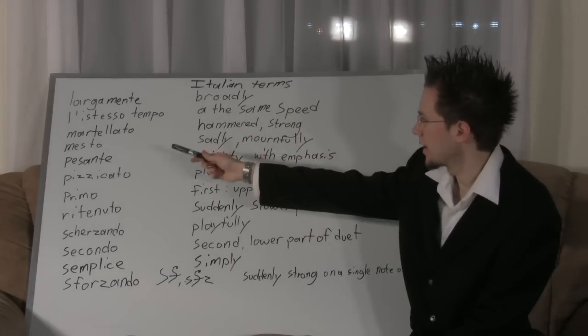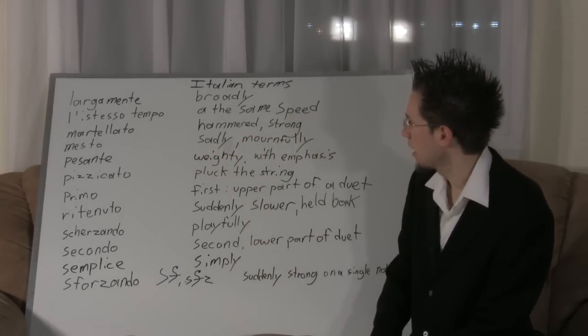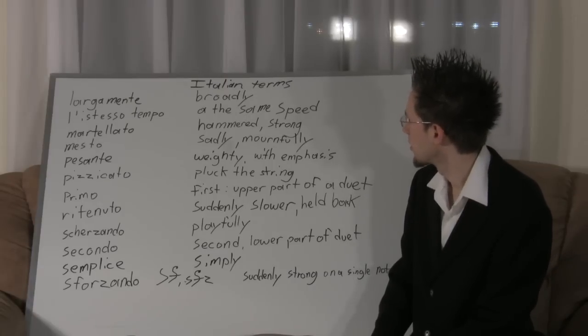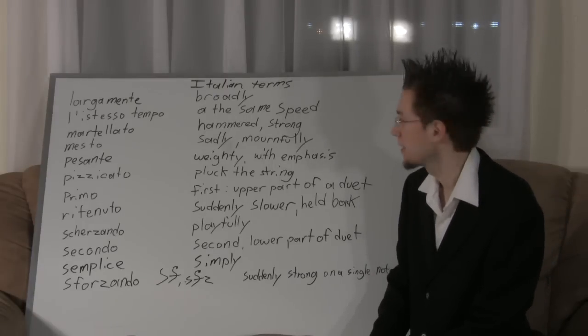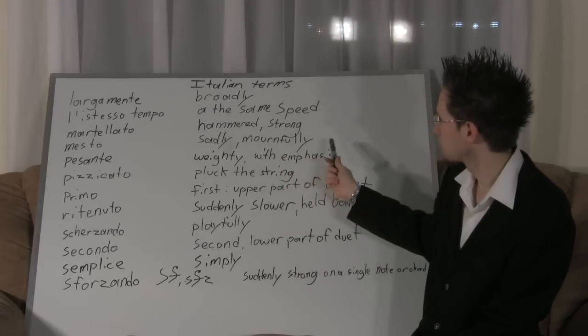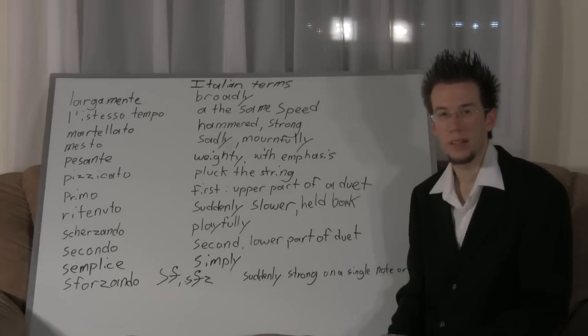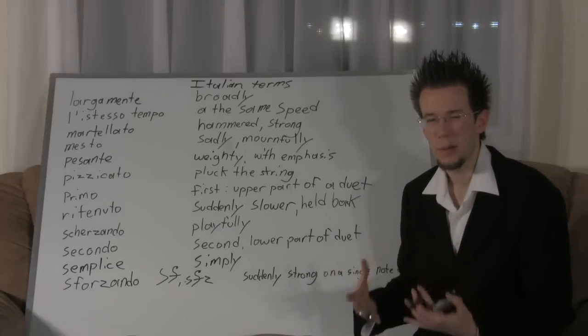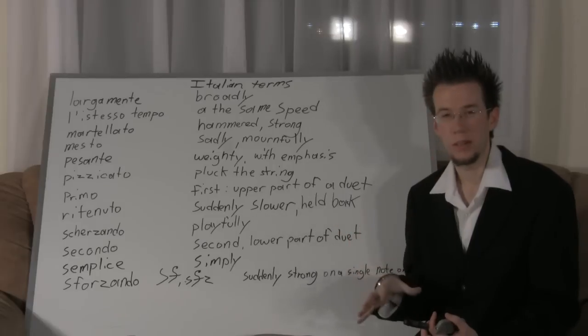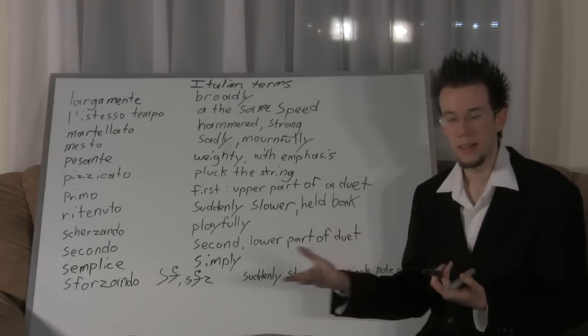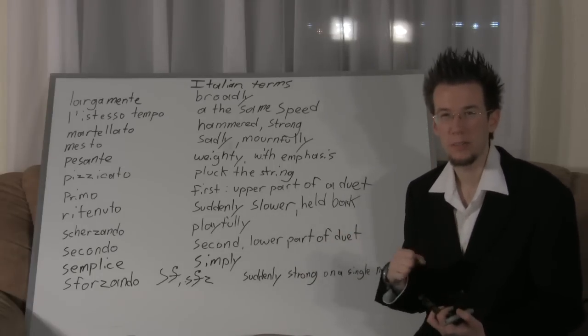Okay? And then the next one is martellato. Hammered or strong. So you probably play it quite strong. I could imagine in some pieces where you're playing chords or some notes very powerfully, right?